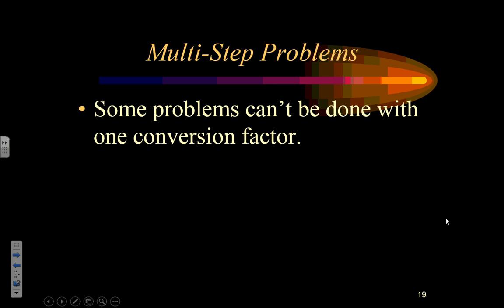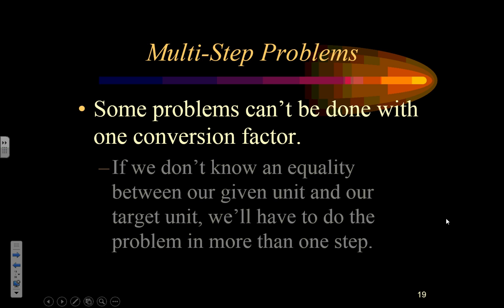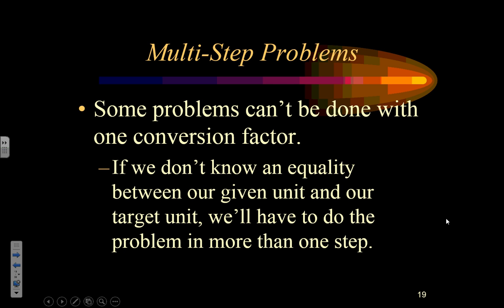Now, in a multi-step problem, you need to understand that sometimes one conversion factor just won't get the job done. So if we don't know an equality between our given and our target unit, we'll have to do the problem in more than one step. Everything we looked at in the first set of notes, if you knew how many centimeters we wanted to get to meters, you know there's 100 centimeters in a meter.